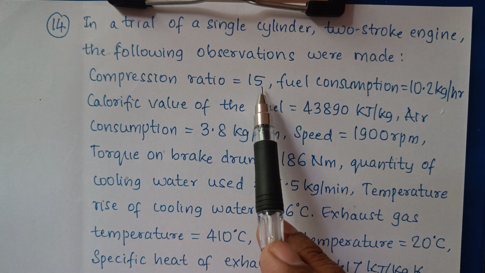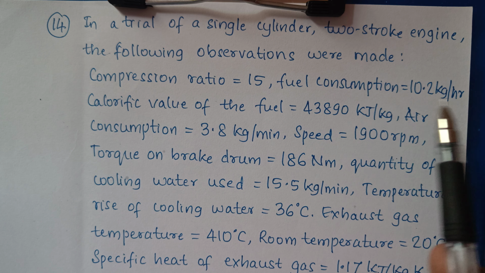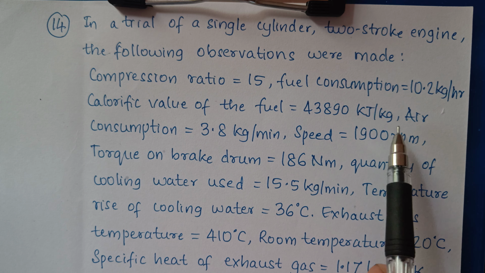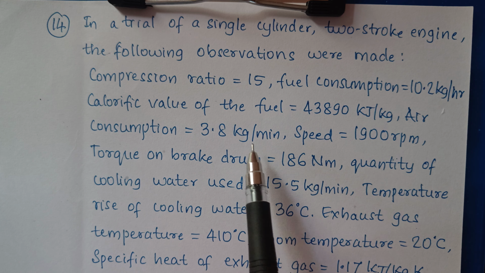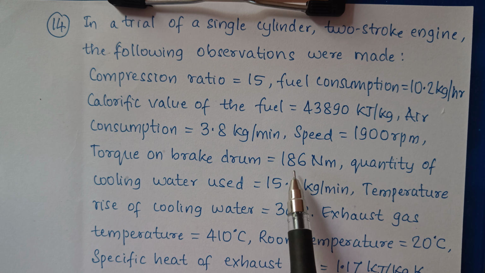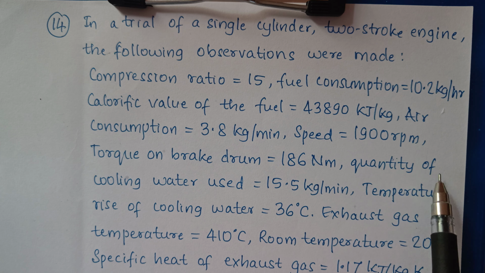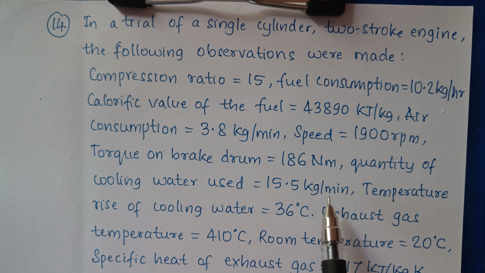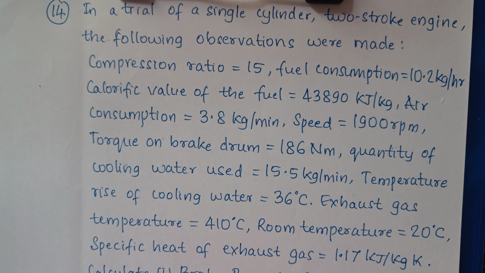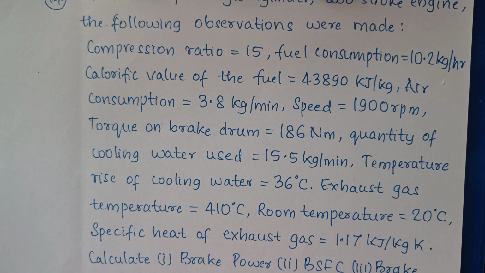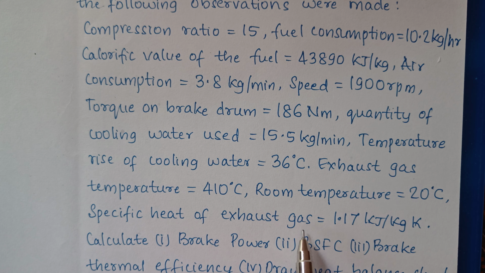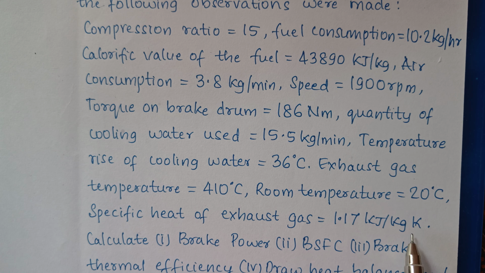The compression ratio is 15, fuel consumption 10.2 kg per hour, calorific value of the fuel is 43,890 kilojoules per kg, air consumption 3.8 kg per minute, speed 1900 rpm, torque on brake drum 186 Newton meter, quantity of cooling water used 15.5 kg per minute, temperature rise of cooling water 36 degrees centigrade, exhaust gas temperature 410 degrees centigrade, room temperature 20 degrees centigrade, specific heat of exhaust gas 1.17 kilojoules per kg Kelvin.